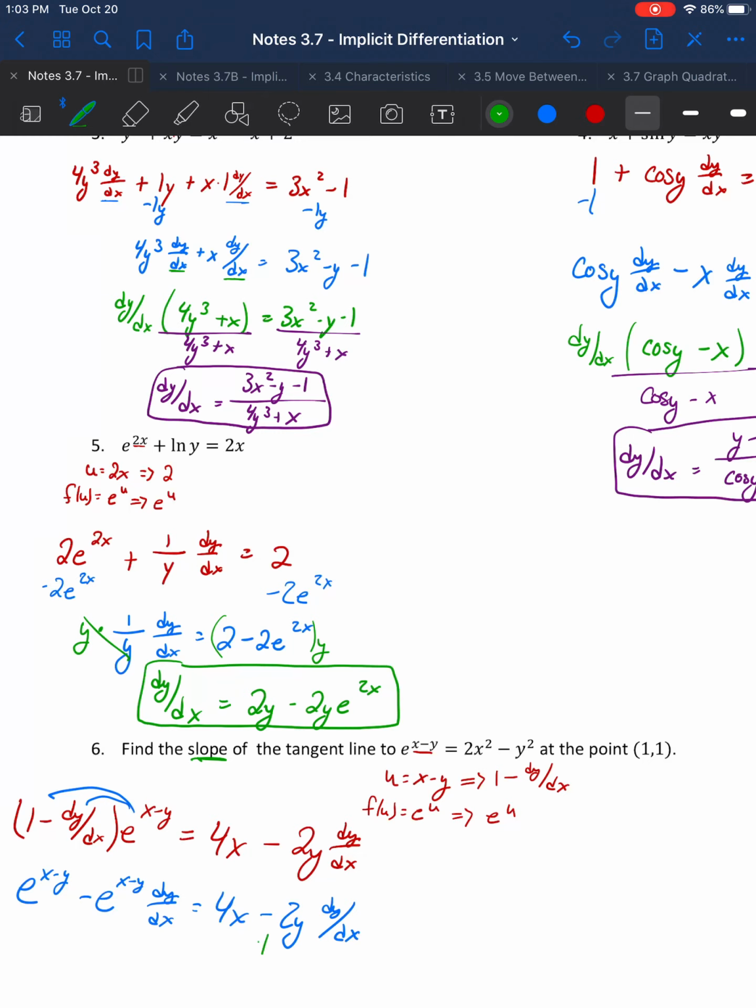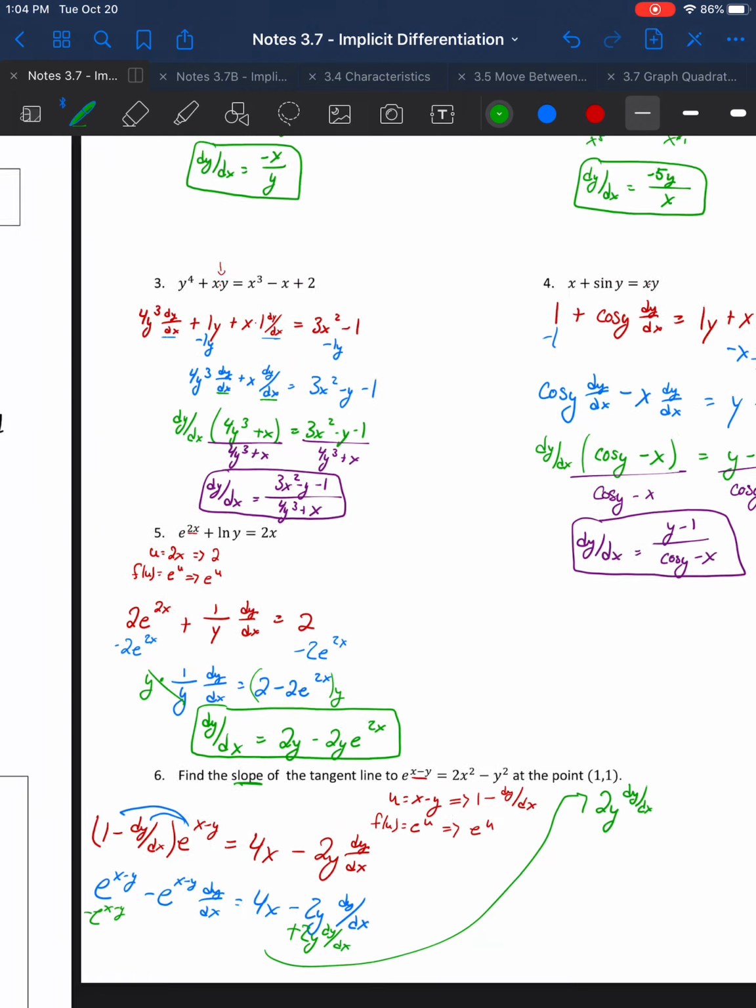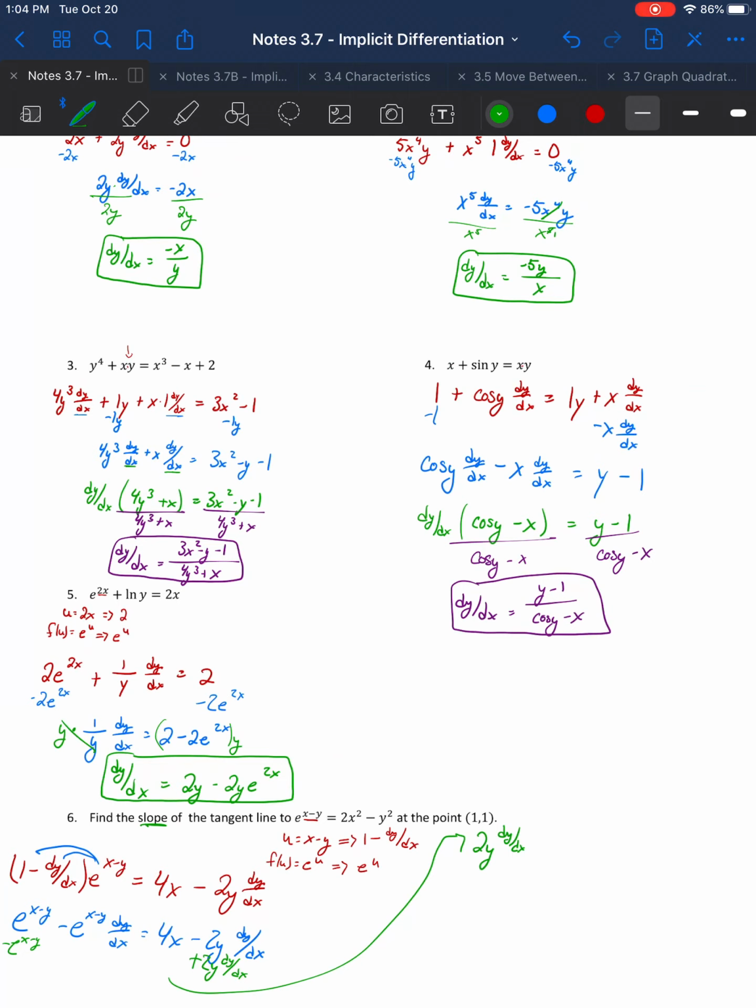Before I can get my dy dx's on the same side of the equal sign, I'm going to have to get rid of these parentheses. Now, I'm going to get my dy dx's to the same side, so I'm going to add this guy over to the left, and I'm going to take this one over to the right.